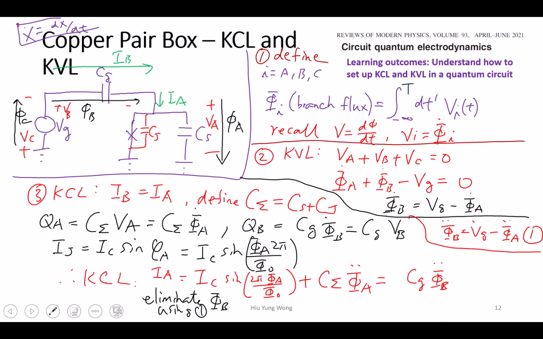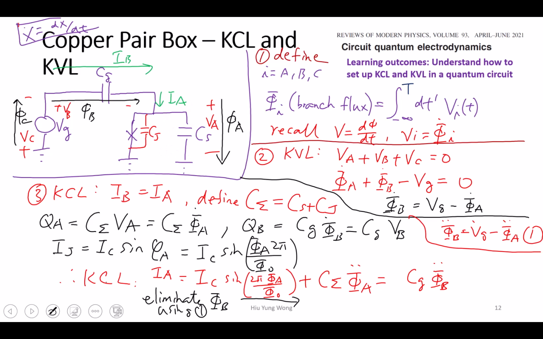So with this, I substitute this to here, then I will get this. Because this is the qubit you are studying. We want to see when we apply the gate voltage, how this qubit changes. We don't care about how the phi across this string. It will change, but we are interested in this.